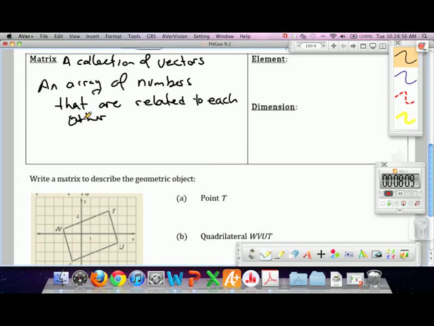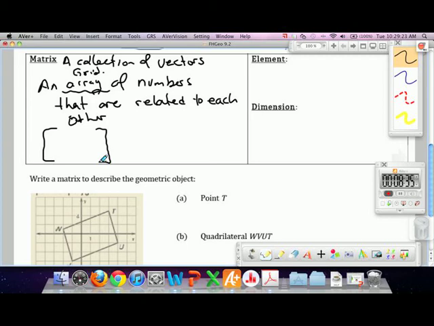An array, specifically in this case, is like a grid. Think of this as a grid. A matrix looks like this. We generally write it inside of a big set of brackets, and it has a bunch of entries in here. I use numbers to keep this as easy as possible.